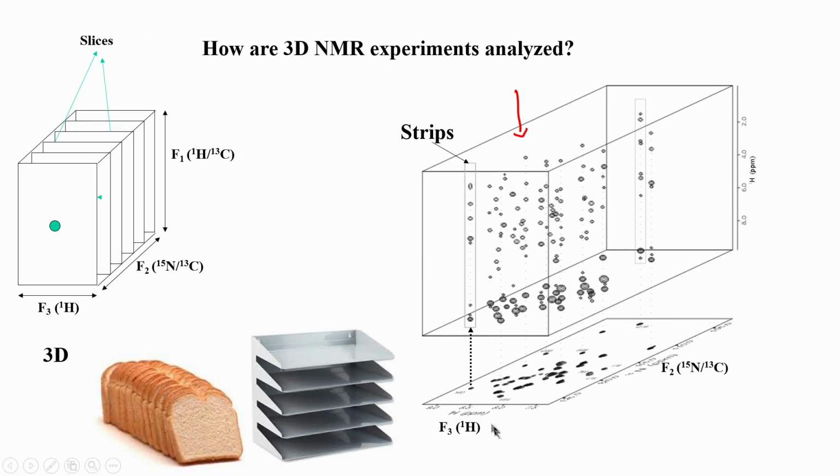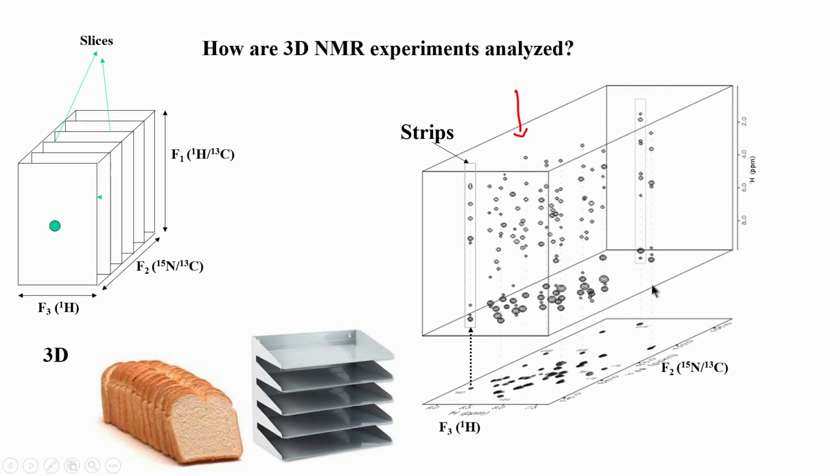And then what we do is, for every peak here, every spot here, we go and draw a simple strip around that. So, each strip corresponds to each of these peaks in the projection. If you look at these projections here, each of these projection peaks will have a corresponding strip in this axis here.